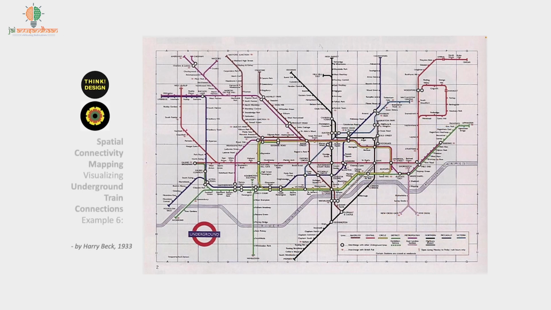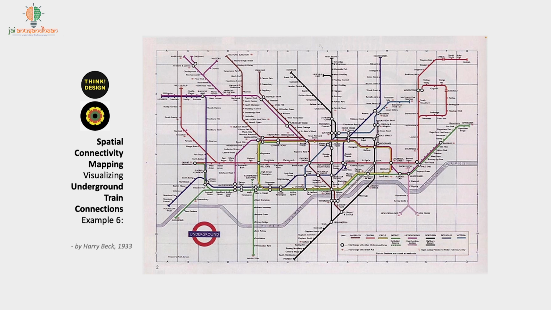Okay, this is a very classical map done by Harry Beck. Long time back, 1933, and it became a real classic because what he did was map the different parts of the city through which the underground train passes, such that it becomes convenient for people to find the different places.